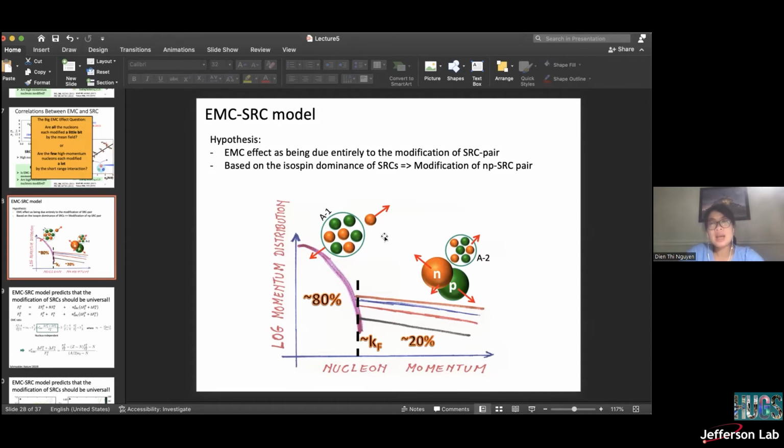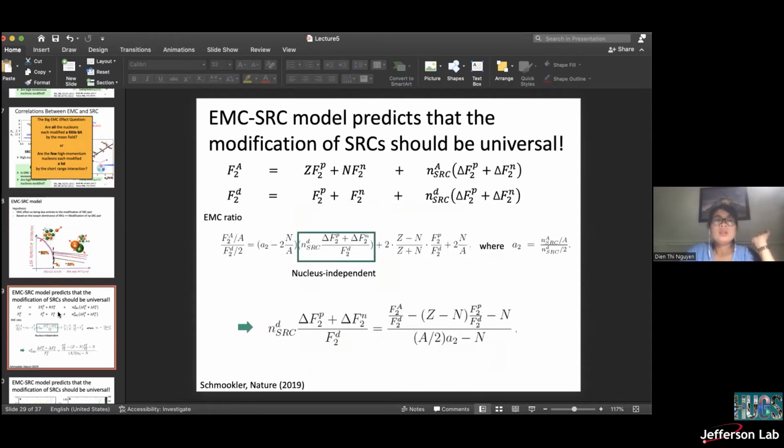So then if the EMC effect really comes from SRC, it should be able to be described by a universal function as well. So that is the simple expectation. So with the EMC model, like I just mentioned, it predicts that the modification of SRC should be universal. So now let's go step by step to see if that can really be described by a universal function.